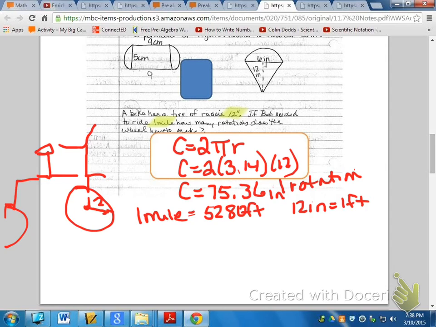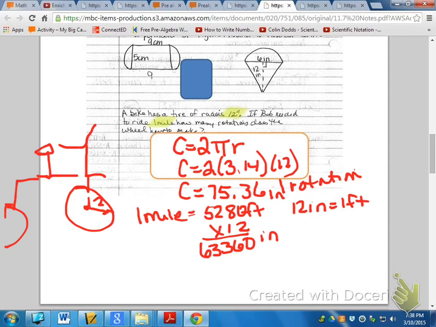So I'm going to take my mile as 5,280 feet and multiply that by 12. That's going to give me the number of inches in a mile. This is going to be a really big number. 5,280 times 12 is 63,360 inches in a mile.